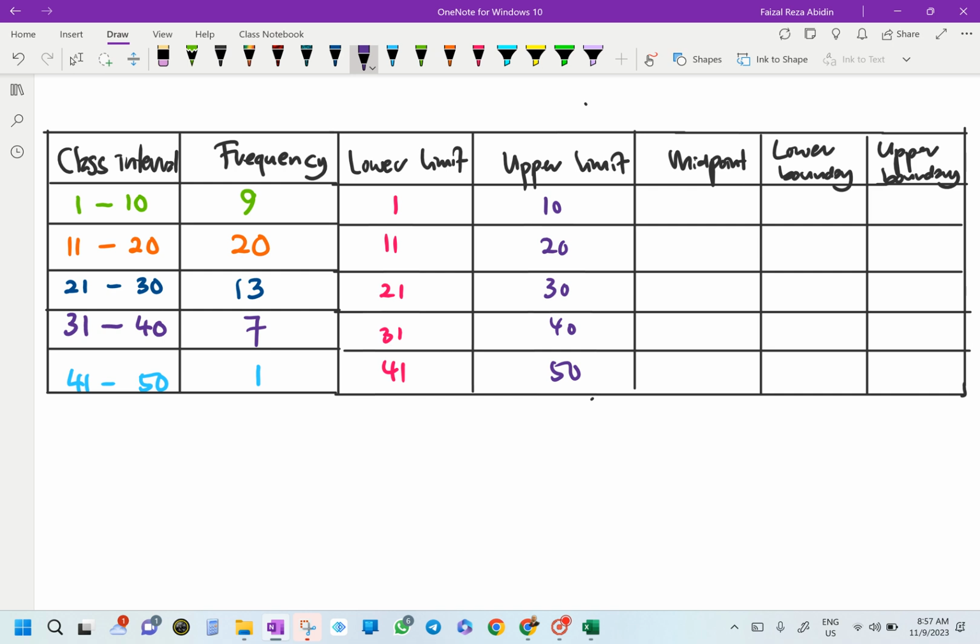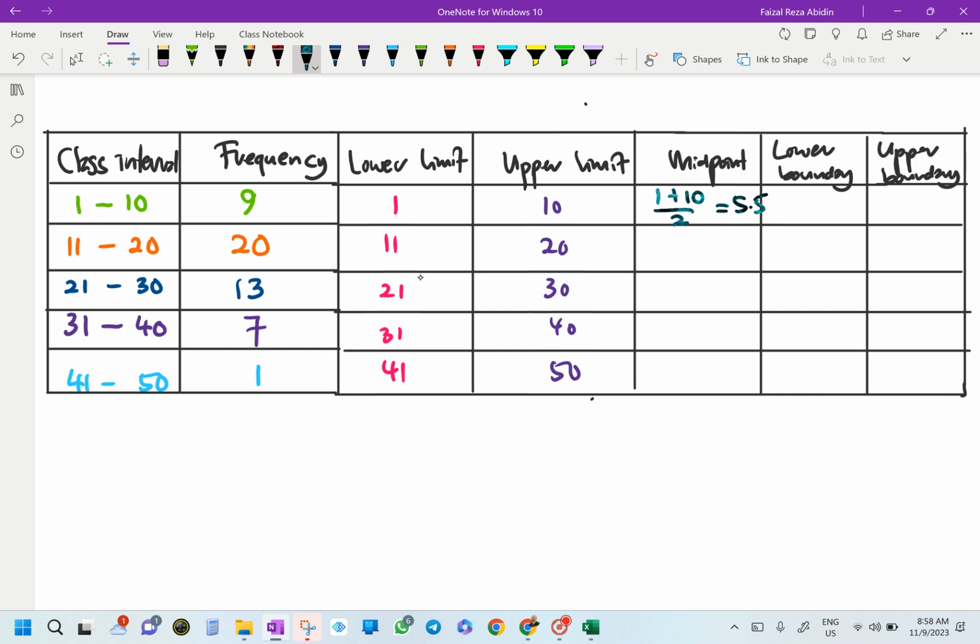For our class interval, we are going to add our lower limit plus upper limit divided by 2. So you are going to have 1 plus 10 divided by 2. You're going to get 5.5.